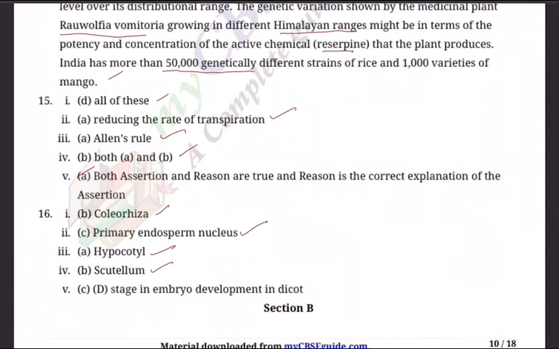And the last one, diagram based, which of the following statement is correct for the figure given below? That is the D, stage in embryo development in dicot. D is the one. He has given 4 diagrams A, B, C, D. So the answer for this is D, stage in embryo development in dicot.